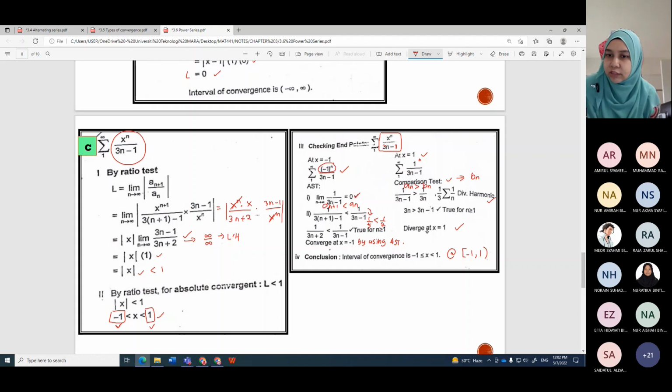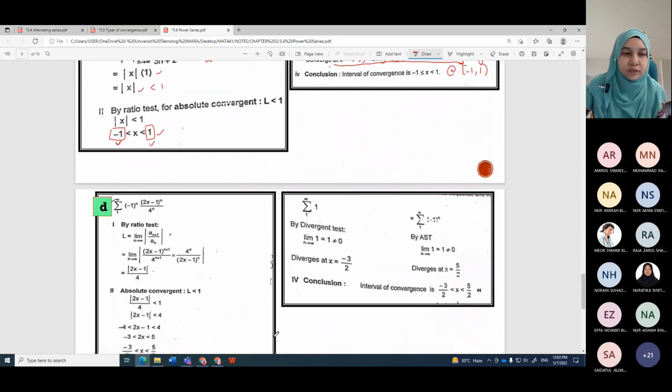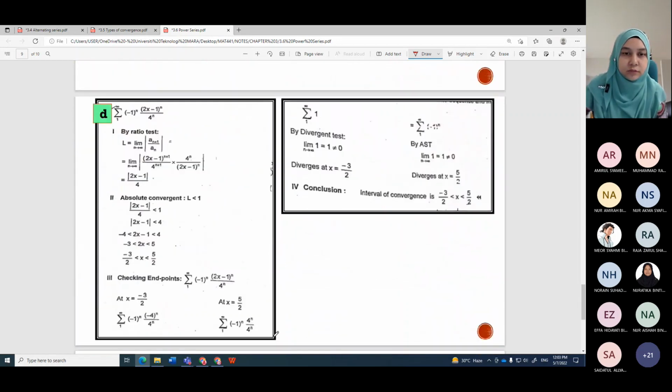So, ni diverge kan. Diverge open bracket. Kena test setiap point dia lah. Dia punya end point. Jadi ni boleh tengok sendiri. Nanti saya akan bagi soalan tambahan lah untuk power series.